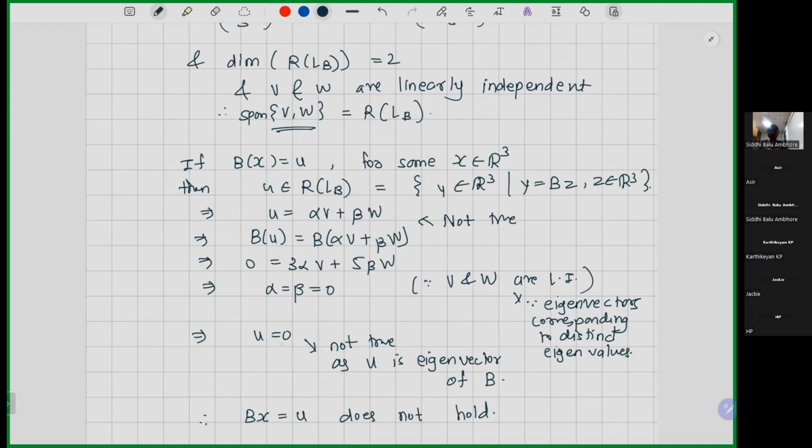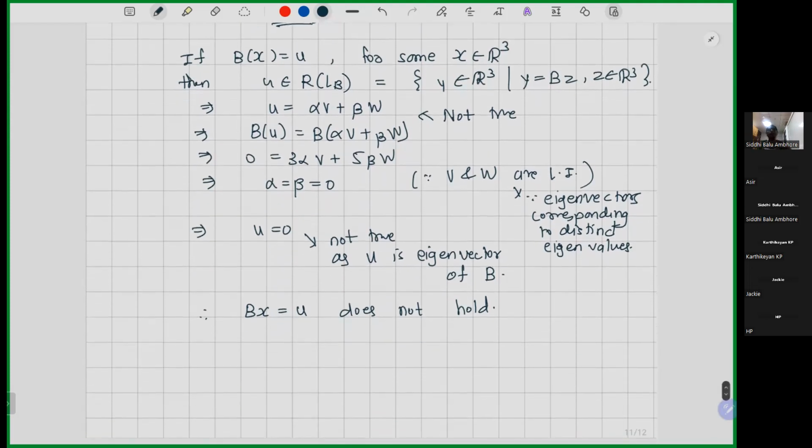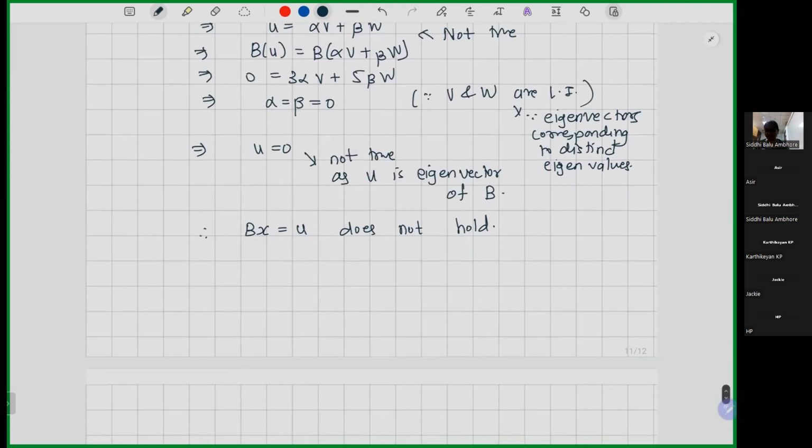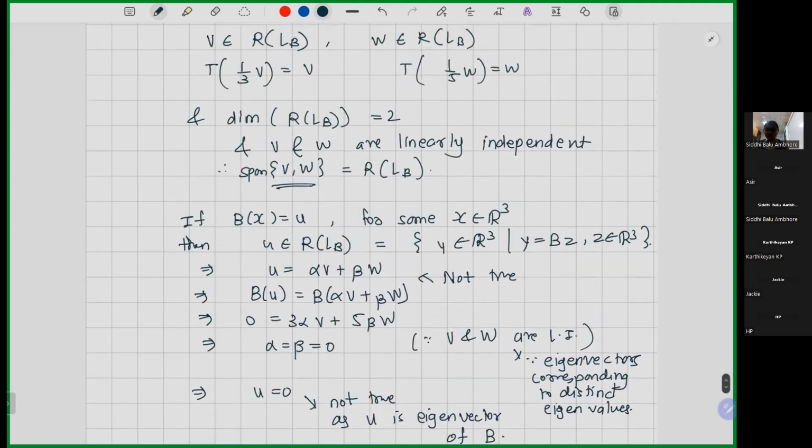And from BU, I get U to be 0, but that is not true because U was our eigenvector corresponding to 0. So that's why Bx is equal to U does not hold. Is it okay? If there are any doubts, please let me know.